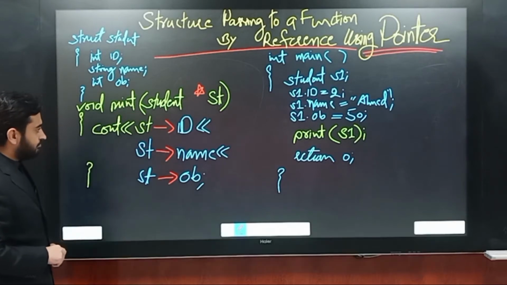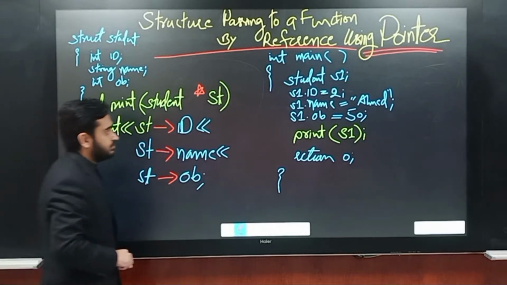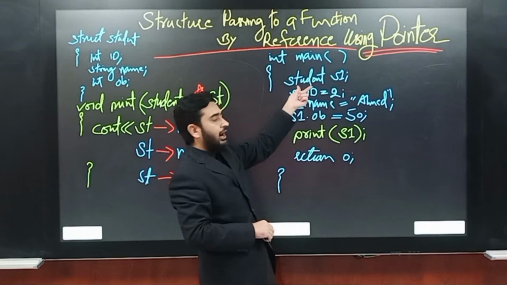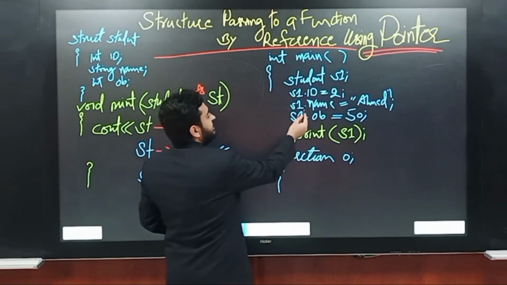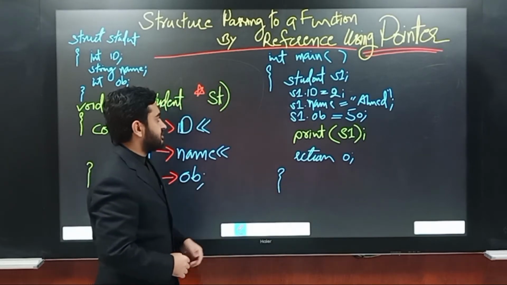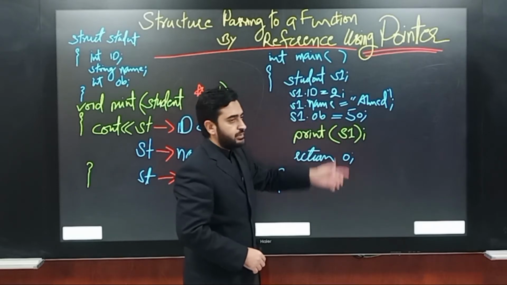Let's see how we can call it from the main function. In the main function, you can see that we have declared the s1 object of the student structure, the user defined data type, and then we have assigned values to the data members of that structure: s1.id, s1.name is equal to Ahmad, and s1.ob is equal to 50.